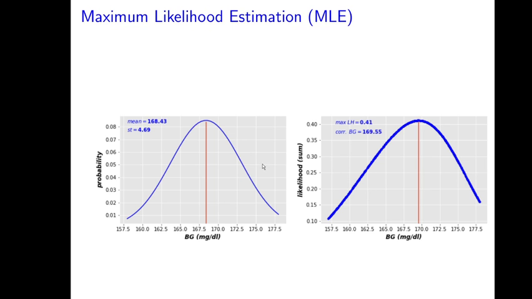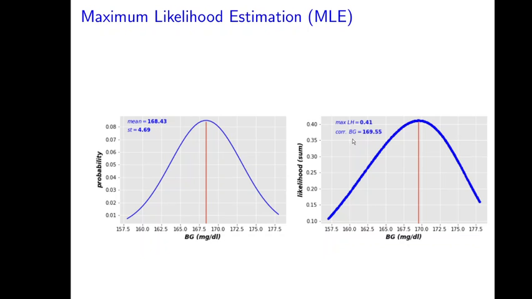If we compare both distributions, we'll find that the difference is very small. It is 168 in the first sample distribution, and it is 169, or let's say around 170, in the second distribution.